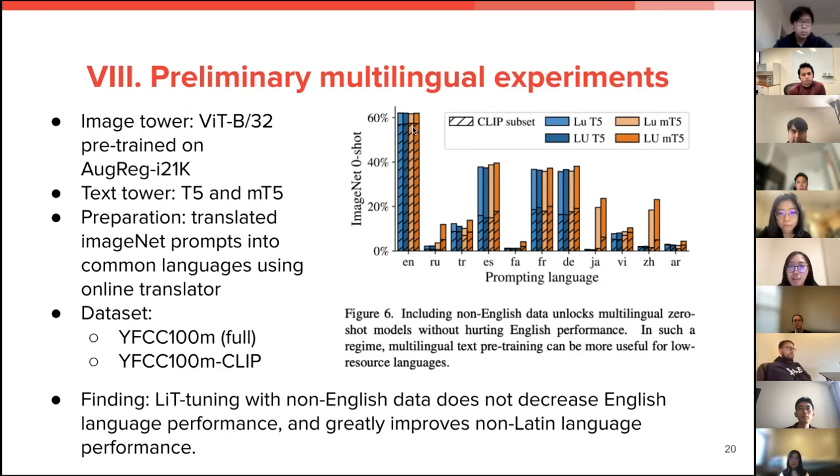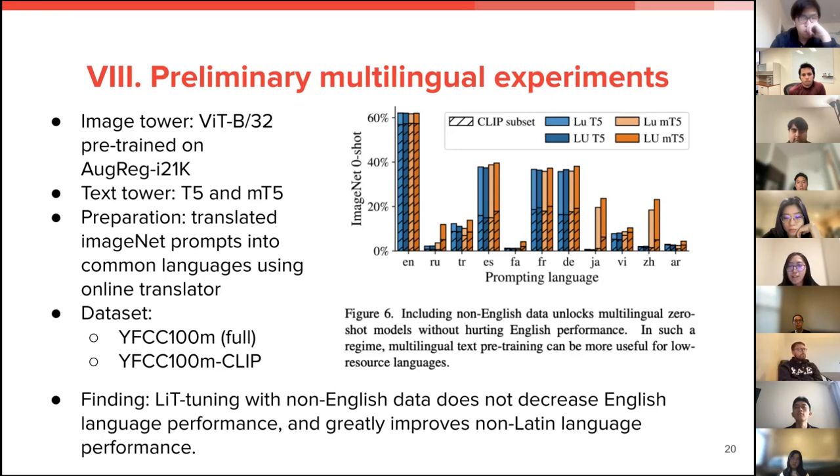Okay, so on the graph, the shaded areas are accuracies achieved using only the small clip subset, which is around 50 million in English only. And these solid parts are achieved by the full set, consisting of all kinds of languages. They are saying that incorporating more languages in our contrastive tuning step doesn't necessarily interfere with or decrease the performance of our English when we query using English.